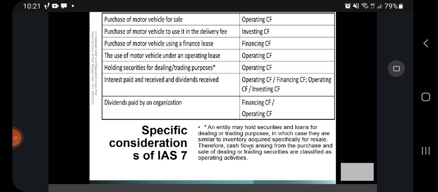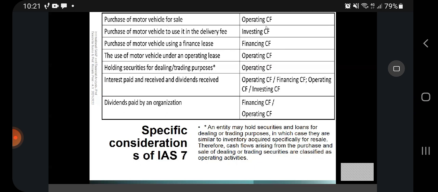So we can also continue with specific considerations that we are making of IAS 7. This is some specific example of different common transactions for a company and their categorization, where to include them, in which category in the cash flow statement. For example, when we mention the first transaction, the purchase of vehicle, this is operating cash flow.